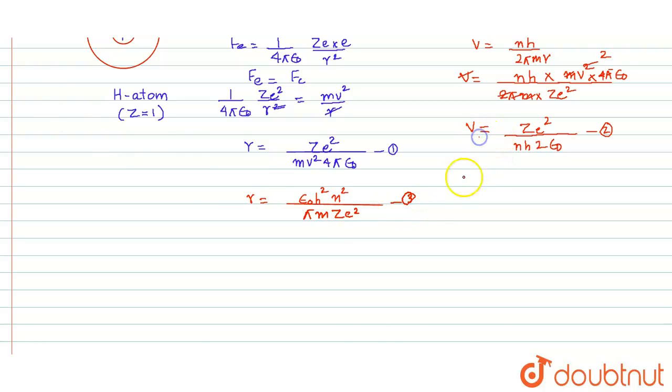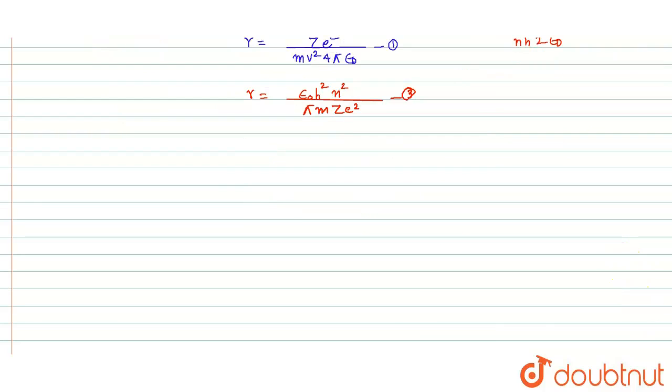Now you know the speed. Now you know the radius. Now what you need to find is kinetic and potential energy. So how do you find out the kinetic energy?